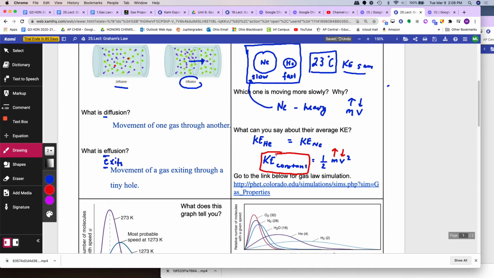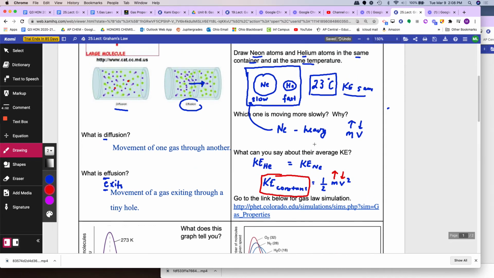See that? So even though they're in the same container, same temp, one can be going faster than the other because of their mass.